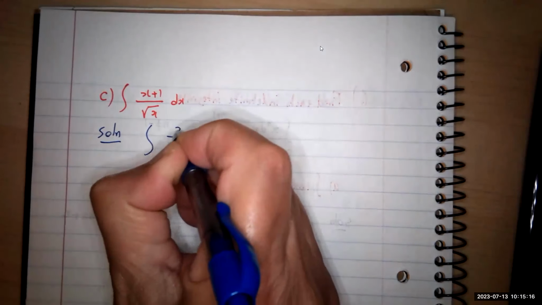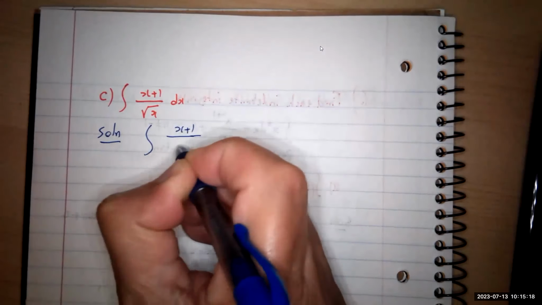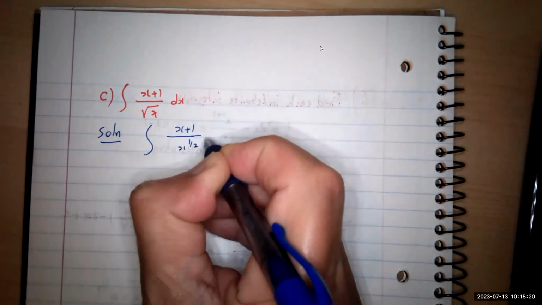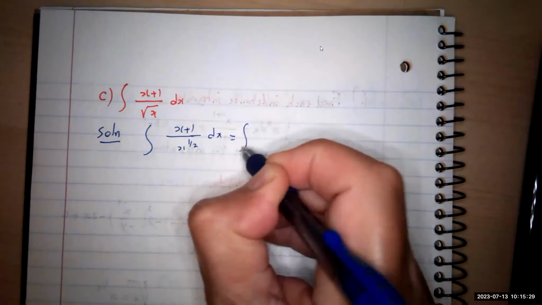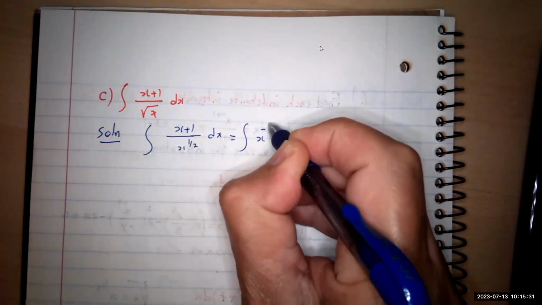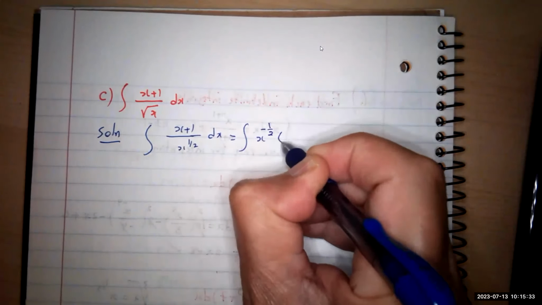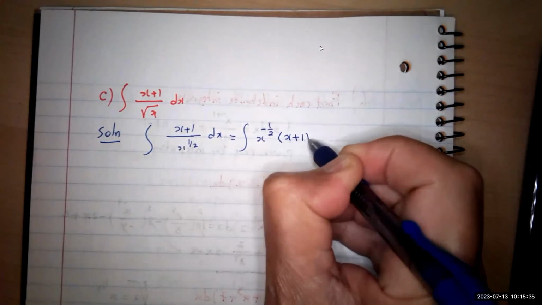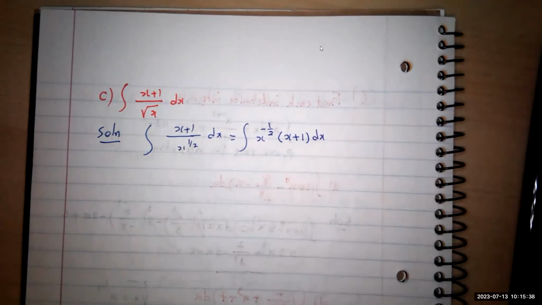It's going to be x plus 1 on the top, then we have x to the half here, dx. Now you have to bring x to the half up. As I talk about it, you bring it up. You call it x to the negative 1/2. But open up the parentheses. Again, that parentheses shouldn't be missed.